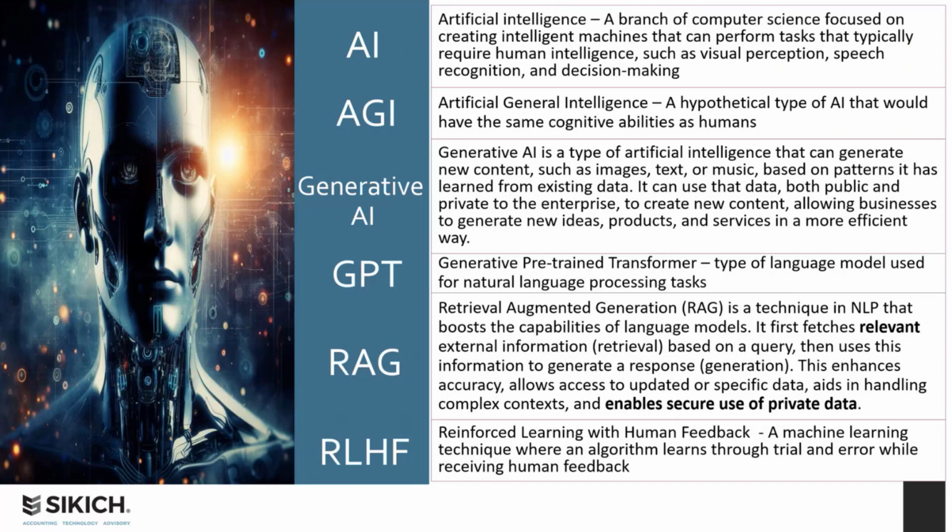The last one on the list here, RLHF, I put on here because it's important to realize that there's still humans in this loop. Machine learning techniques, where an algorithm learns through trial and error, is important, but it also still needs to receive human feedback. There are literally rooms of people around the world that will look at the result of a ChatGPT or other engine's query and say, yes, that's the correct answer, or no, that's the wrong answer.